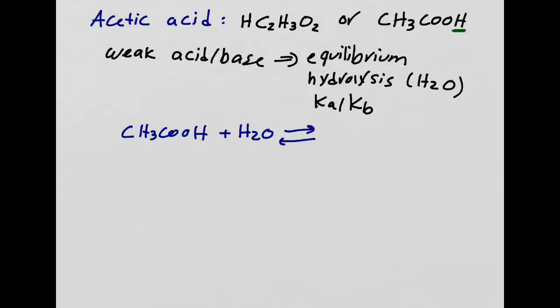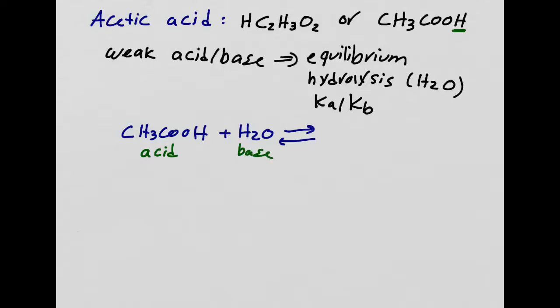And remember what we talked about, and I need you to really remember that. We said acid would lose a hydrogen and base would get the hydrogen. And water is a base here because water could act as an acid or base depending on the situation. And since acetic acid is my acid, water would be my base.